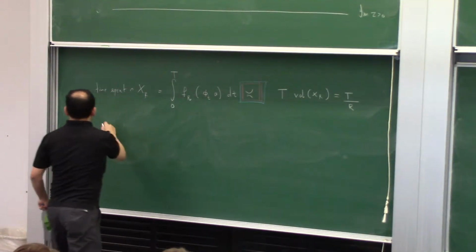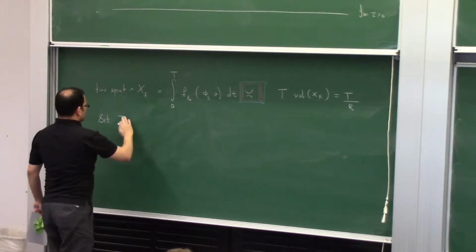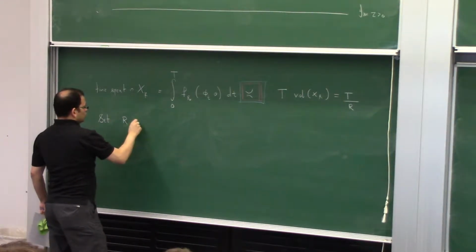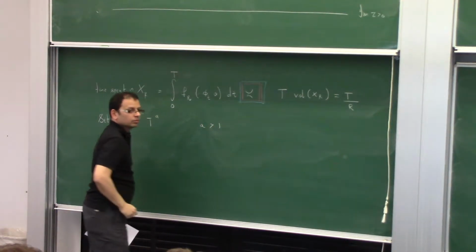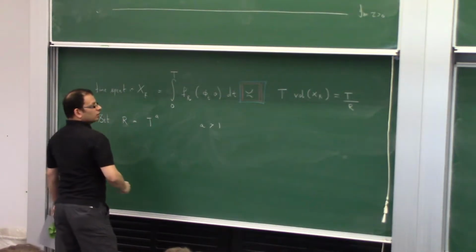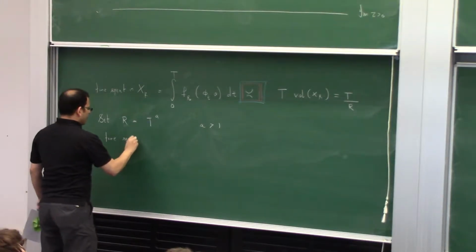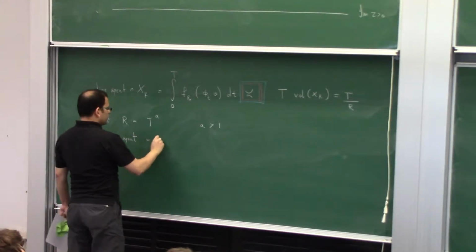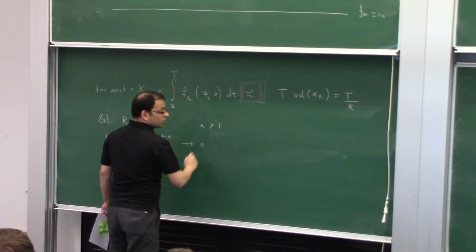So now let's set r first to be equal to t to the power a, where a is bigger than 1. Then the time spent is equal to t to the 1 minus a, which goes to 0 as t goes to infinity.